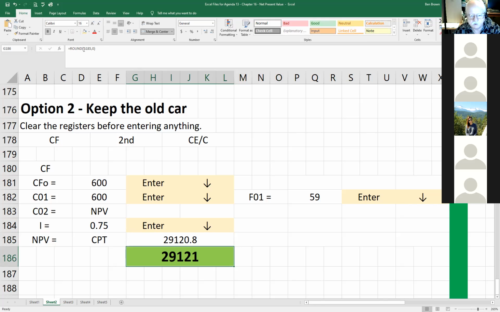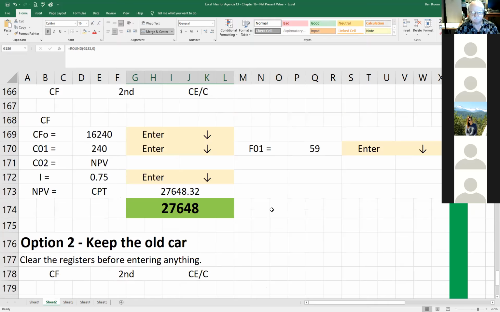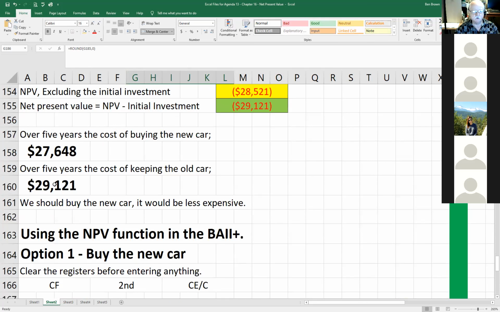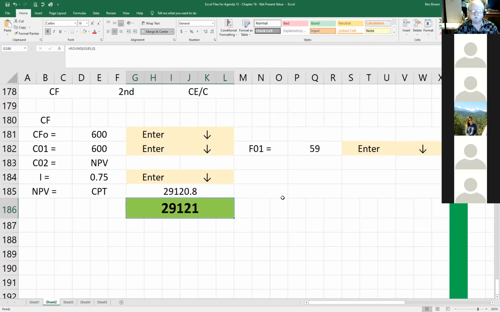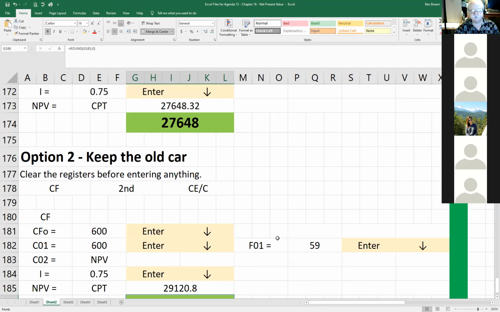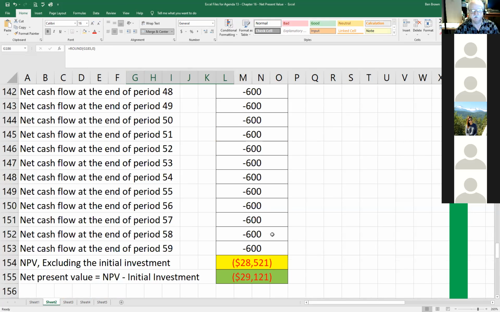So 29,121. What did we get when we used Excel? 29,121, yeah. So obviously I just typed that in wrong. Another reason I have to send you this spreadsheet.